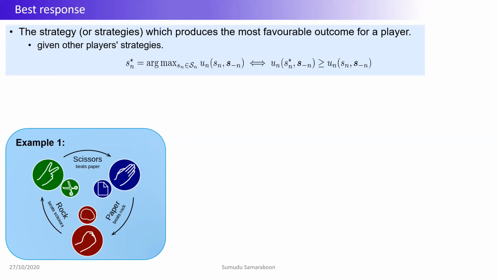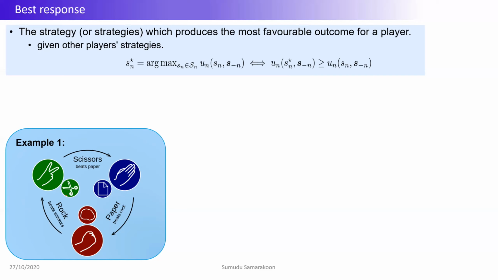If two players pick the same choice, there is no winner. However, if they have different choices, one beats the other based on this figure. So rock beats scissors, scissors beats paper, and paper beats rock. That simple idea alone explains what the best response is.